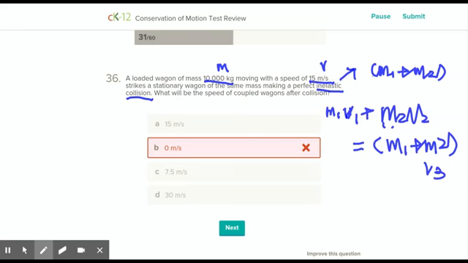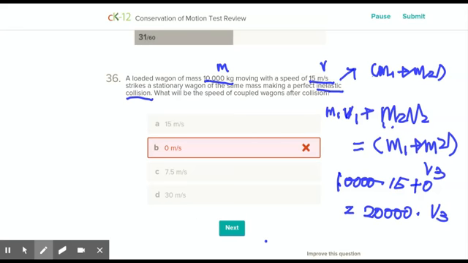We got that the first one, m1, is 1,000 times 15. m2 is the same mass, but it's stationary, so it'll be a 0. The second mass is the same as the first, so m1 plus m2 will be 2,000, times v3.